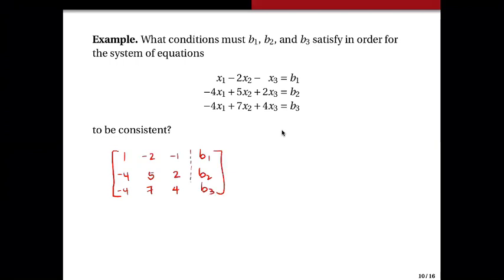So this is the augmented matrix for the system. Of course, we first need to find the reduced row echelon form of this.